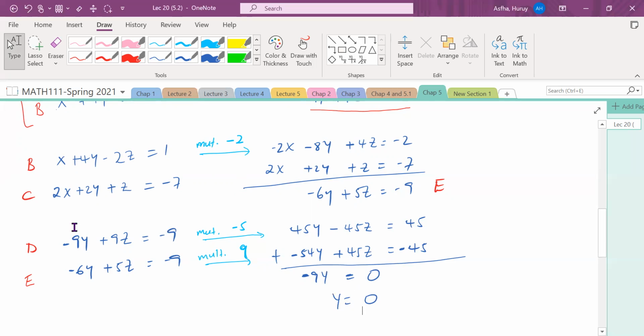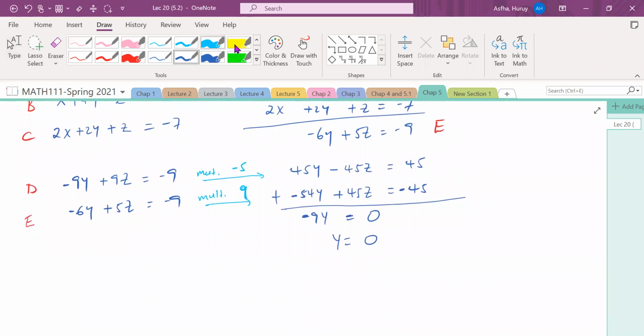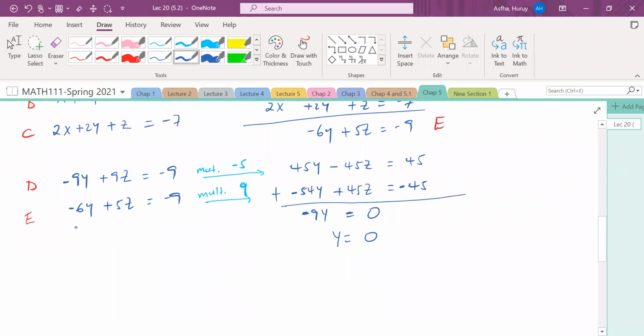Then I will go back and solve for z. Pick one of these equations, either D or E. It doesn't matter.